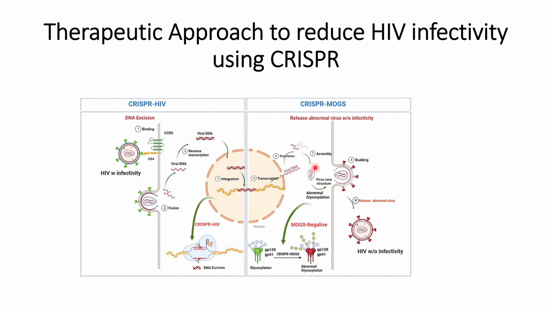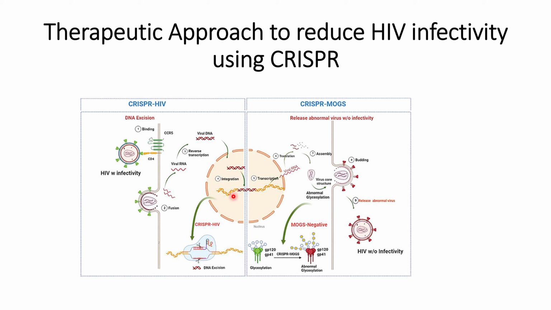During the assembly process, it has to go through the endoplasmic reticulum, and since these cells do not have the proper MOGS genes, the proper glycosylation of GP120 and GP41 will not occur, and improper, abnormal glycosylation occurs in the MOGS negative cells. These abnormal virus core structures will move out of the cells, and they have reduced infectivity or no infectivity.